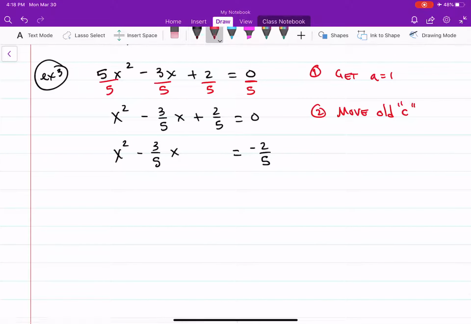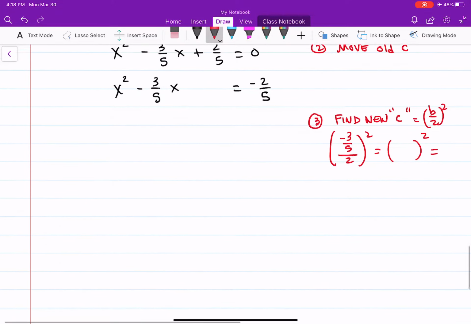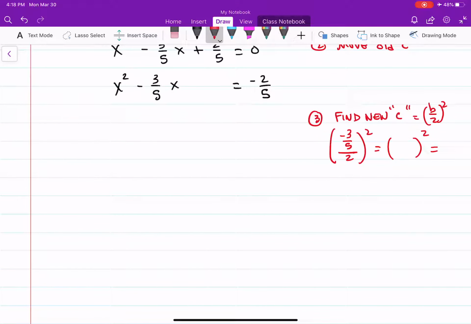Step 3. Find new c, which is equal to b divided by 2 squared. So my b is negative 3/5 divided by 2 squared. So what is negative 3/5 divided by 2?